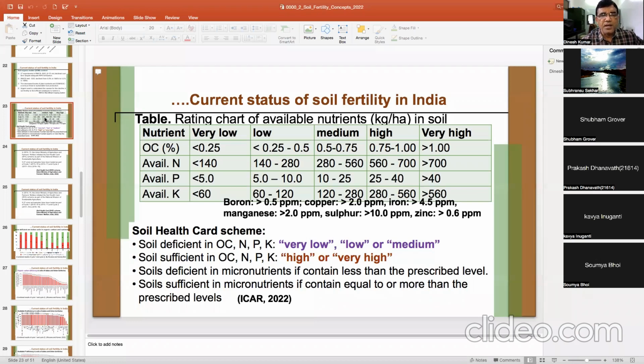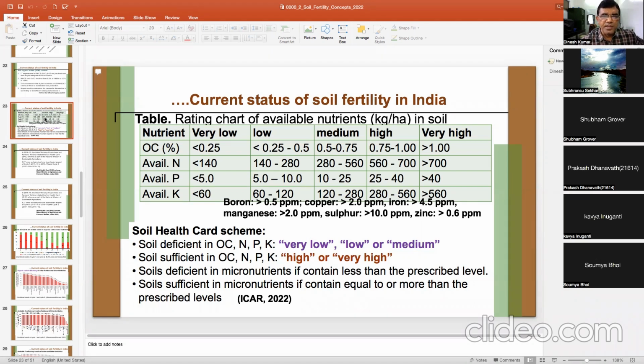Available nitrogen, if you see the last rating chart, it started with less than 280. There was no class of very low and very high. So in this case, you can see available nitrogen less than 140 is very low, then 140 to 280, 280 to 560, and so on. Similarly, available phosphorus is less than 5, 5 to 10, and in the end, you can see it is more than 40 kilogram available P per hectare.